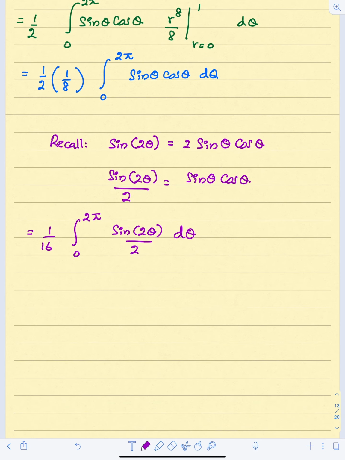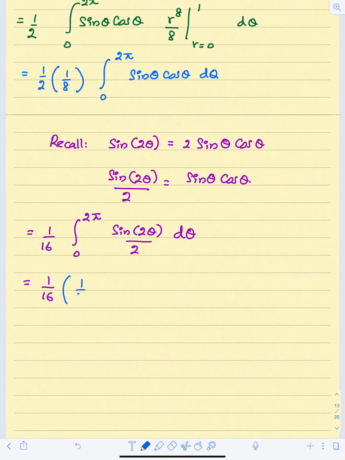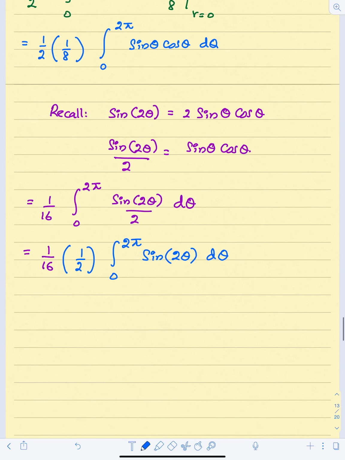Okay. So now this 1/2 is a constant, so let's take it out. And we have the last integral, and it corresponds to the integral of sine 2 theta.